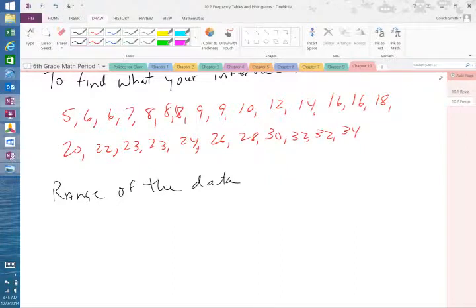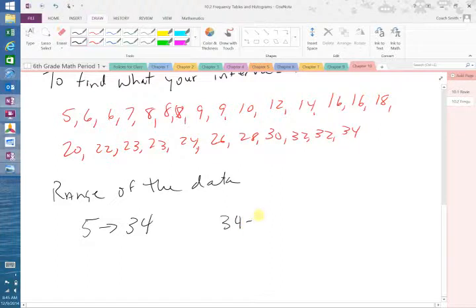The range of data here is what? What is the range of the data? 5 to 34. That's the range. To understand that range, if we take 34 minus 5, that gives us 29.